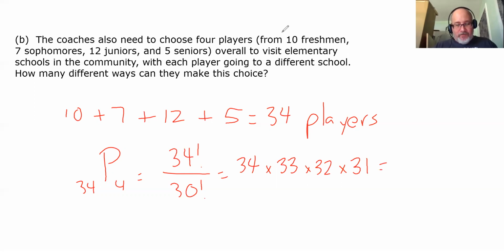So what does this equal? 1,113,024. So there's a lot of ways that they can pick 4 people to go to 4 certain schools in a particular order. And that's the end of this video, and that's the end of this section.